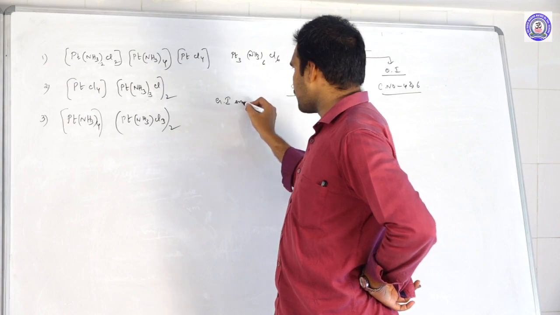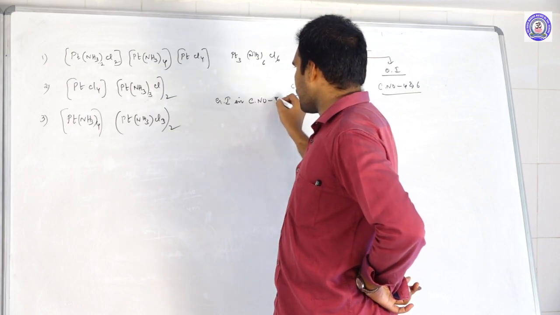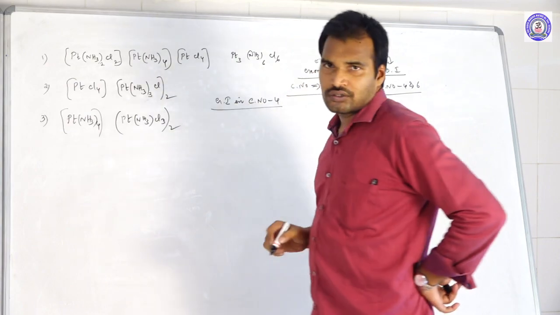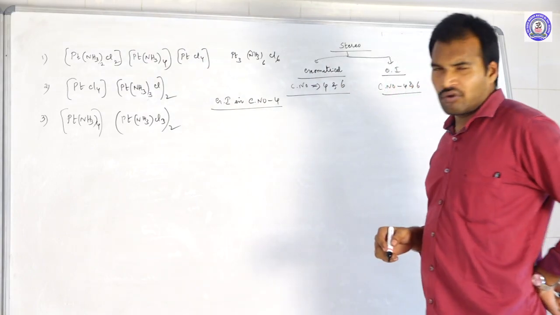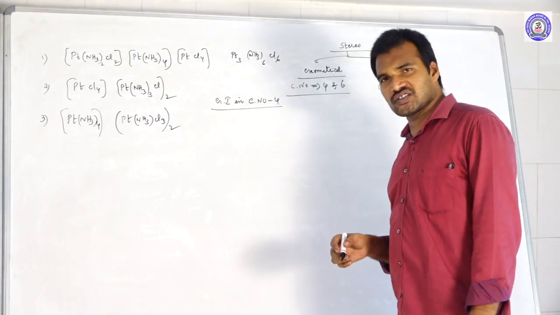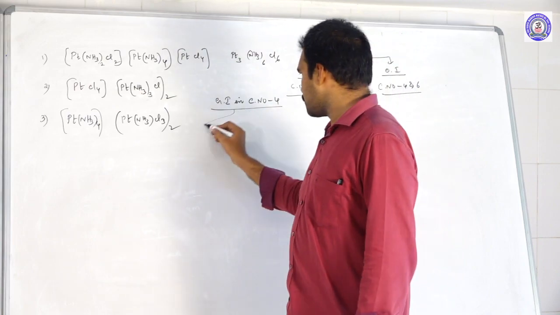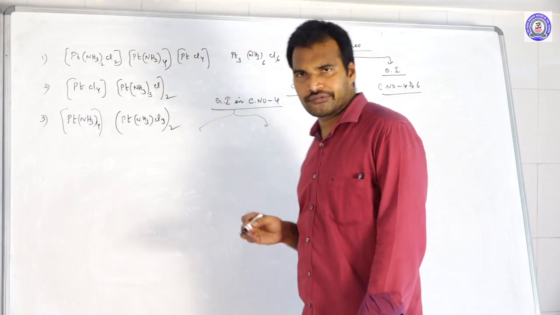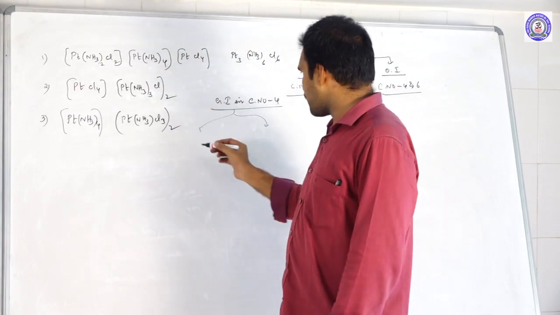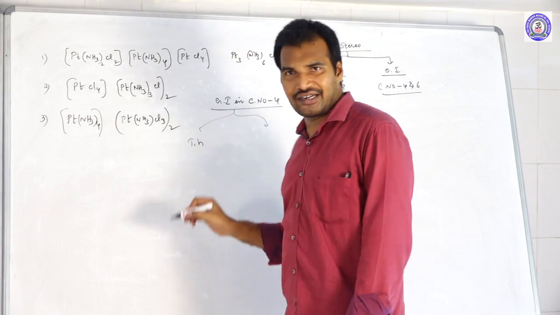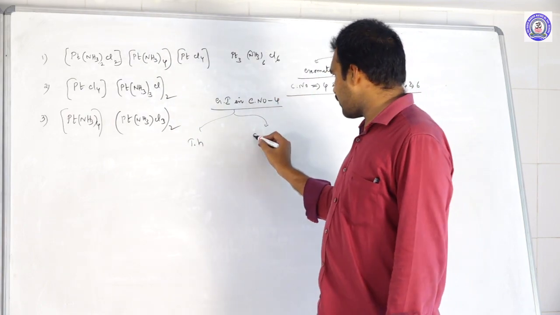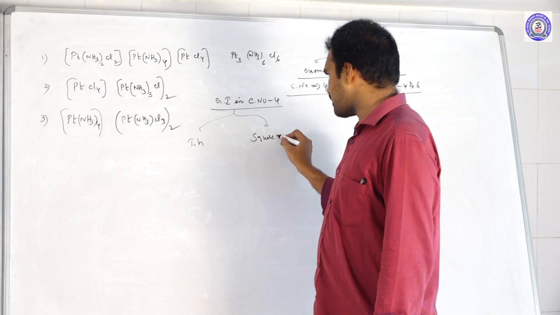Geometrical isomerism in coordination number 4. Coordination number 4 can have two possibilities: tetrahedral structure or square planar structure.